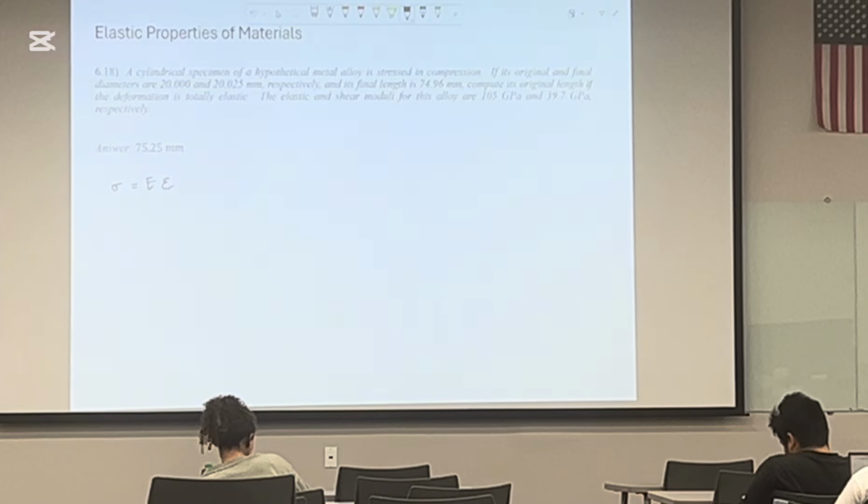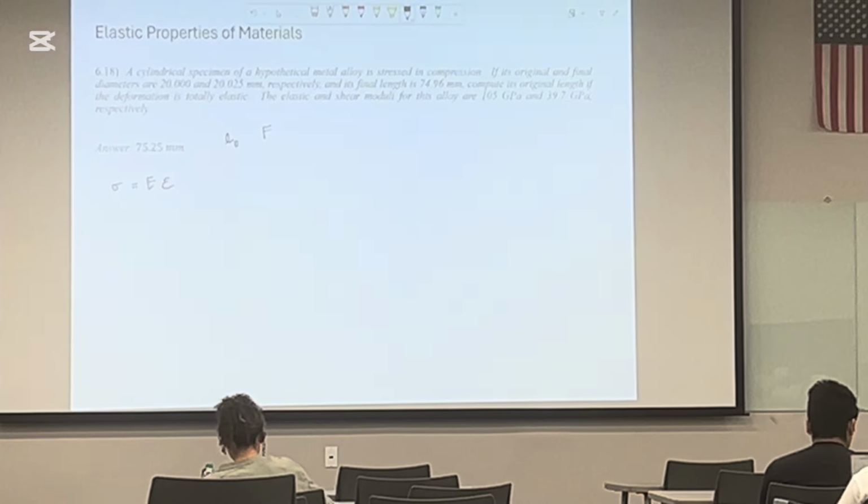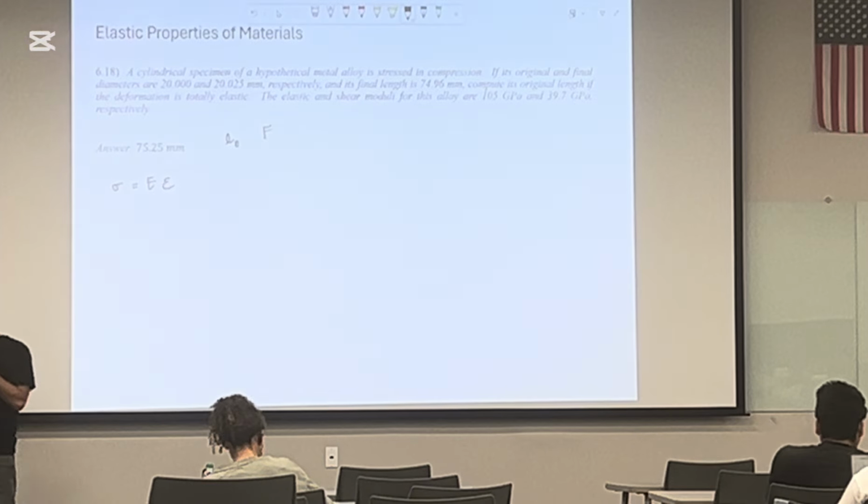But the problem here is we want to find L0, and we are not given the force. So if we use this, we have two unknowns, so we cannot solve it this way.